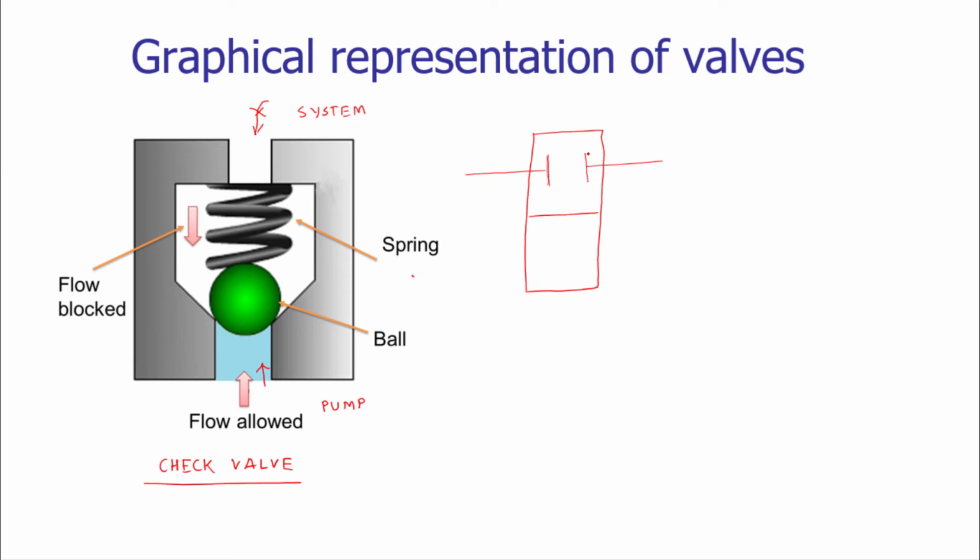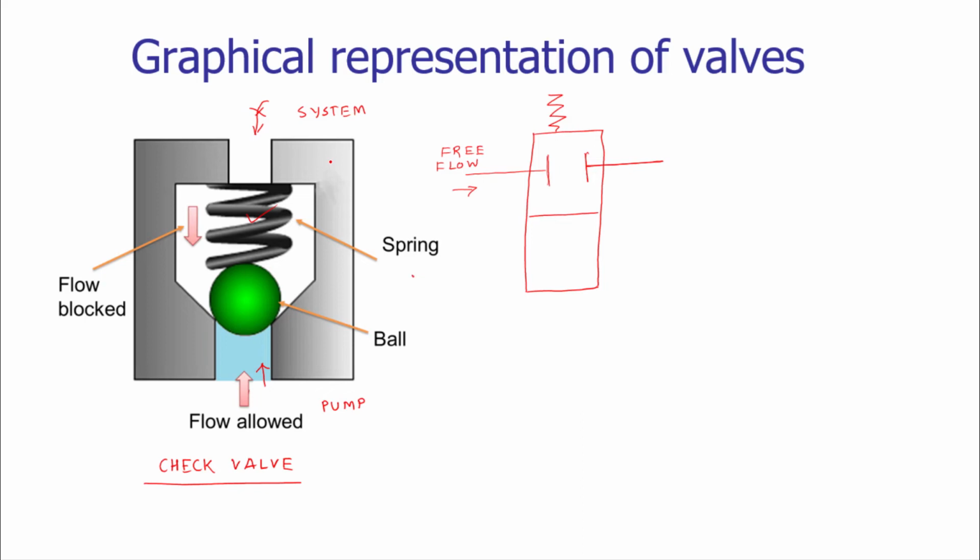There is no pressurized fluid passing through the valve at its default position. The free flow is from left to right. However, it is blocked, and that blocking is due to the spring. So due to the spring, we are blocking the flow of fluid.